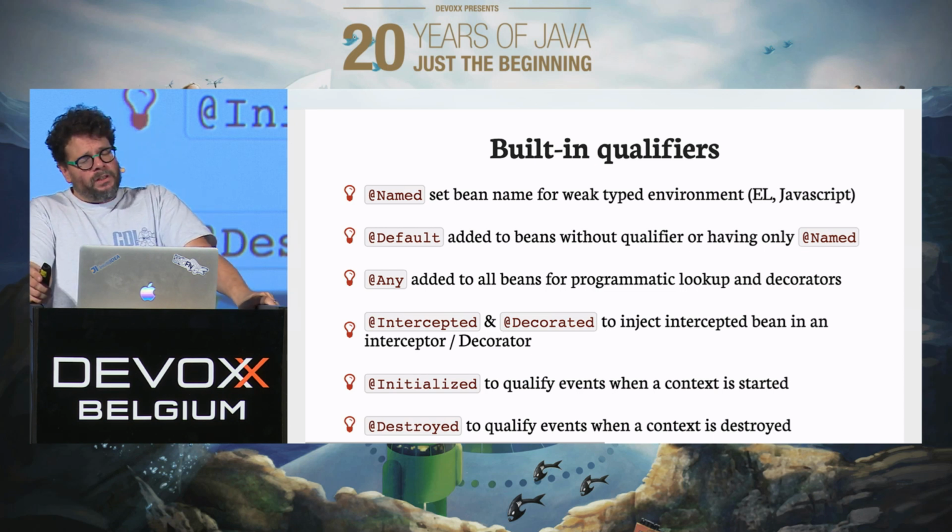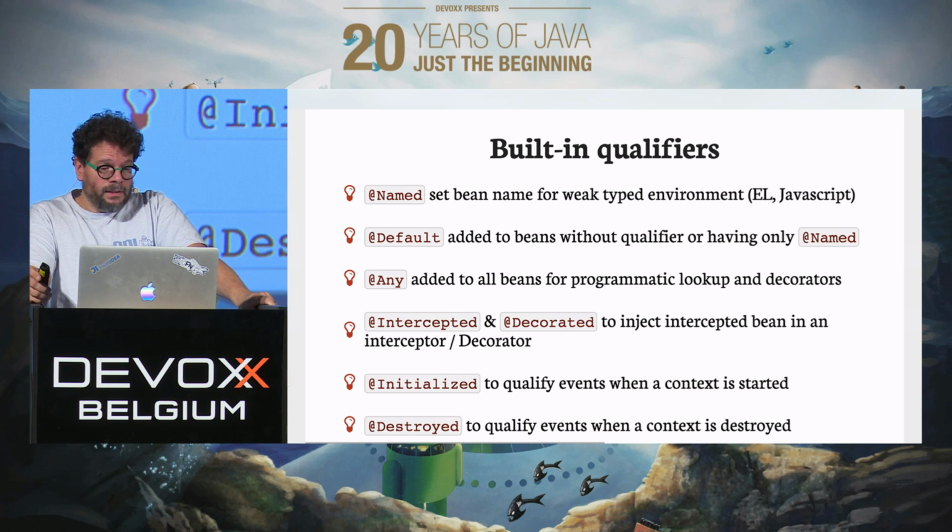We have new qualifiers in CDI 1.1 with the @Intercepted and @Decorated, which allow you to inject the decorated or intercepted bin in the interceptor or decorator.